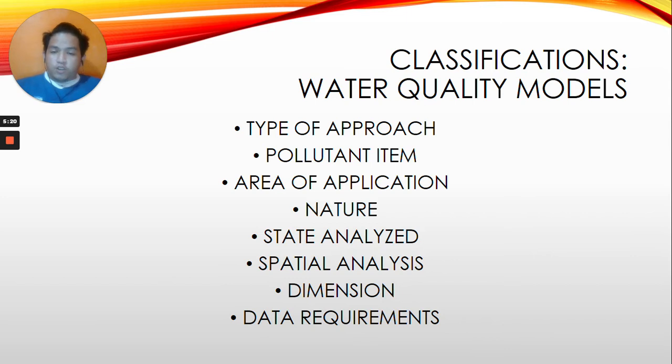Next is the nature of the water body, so if it is dynamic or stochastic. State analyzed, if it is in steady state or dynamic simulation. Spatial analysis, if it is lumped or distributed. Dimension, if 1D or 2D models are needed. And data requirements, extensive databases, or minimum requirements models, or MIR. So those are the classifications of water quality models.